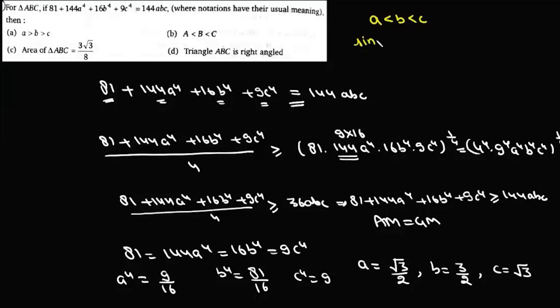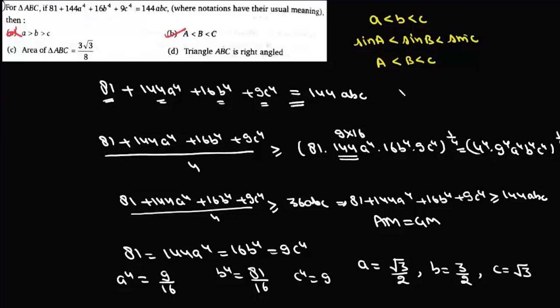So sine a will be less than sine b and will be less than sine c. And since sine is an increasing function and all these values are positive, it will lie in the first quadrant. So angle A will be less than angle B and will be less than angle C. So that means option A is incorrect and option B is correct.